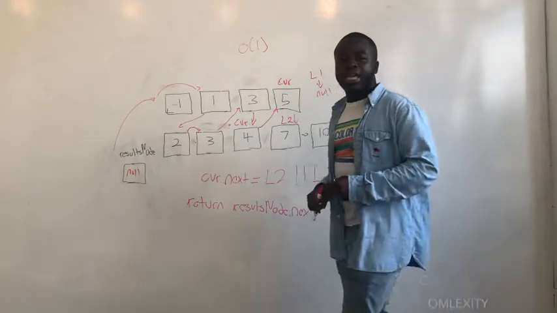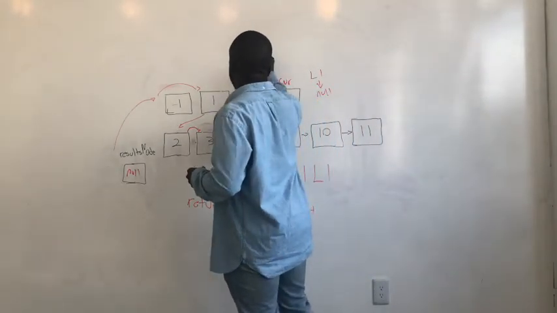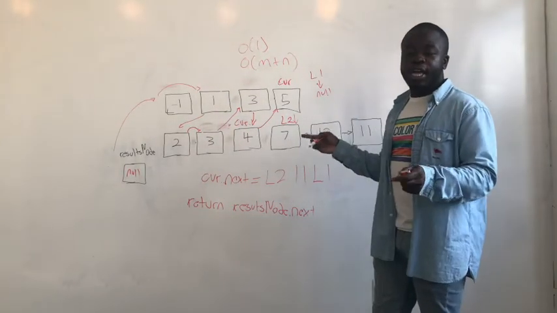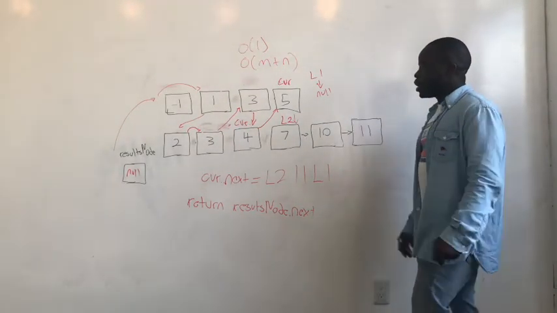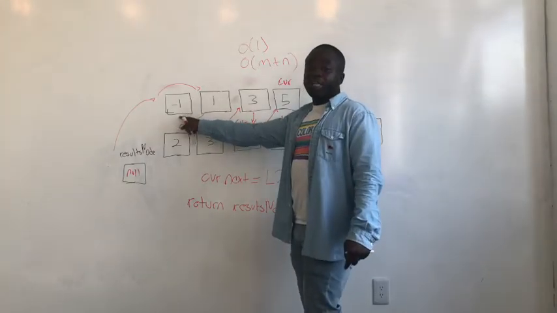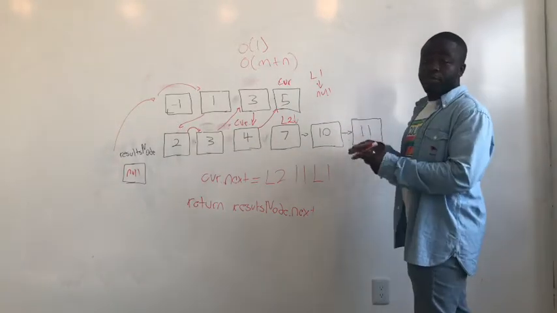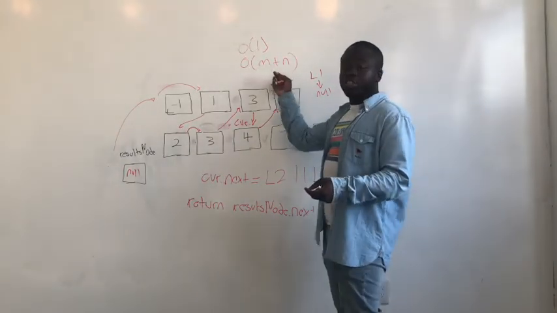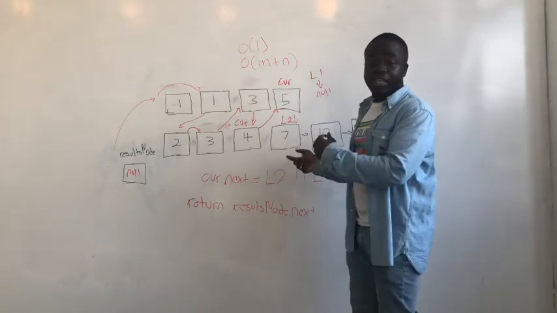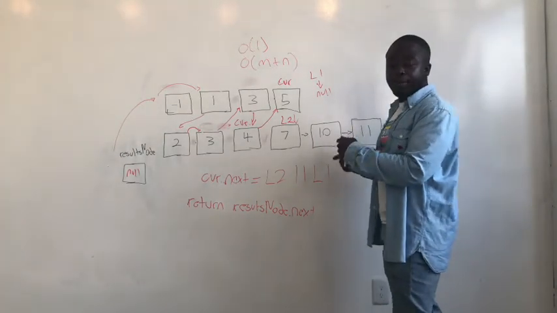And then when we're looking at the time complexity, we're looking at a time complexity of O of M plus N. If you want to do it the other way, O of N plus M, where we're comparing the values. Depending on the worst case, if this list is extremely long or this list is extremely long, or whether they're both the same height, this covers that situation, because the length of the list would determine how many operations we're going to do.